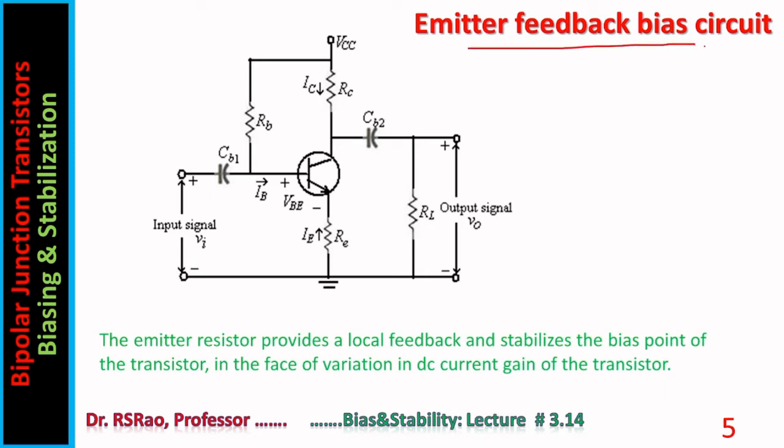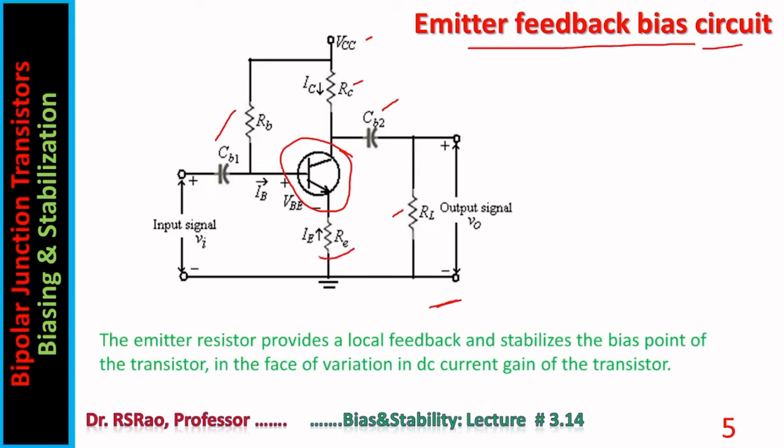Another feedback circuit is shown here. Name is emitter feedback bias circuit. The circuit is shown here. CB1, CB2, I have already explained the purpose of these two capacitors, RC, VCC. These are all known to us. RL, this is transistor. Now, what is new in this circuit when compared to the previous one, base bias circuit?